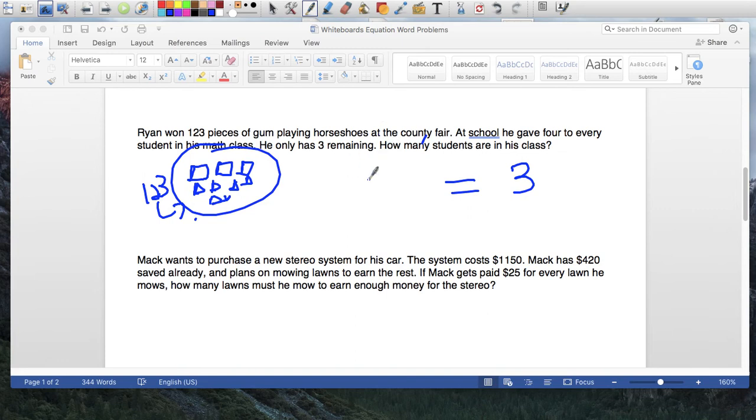So, hang on a second now, 123. How do you write an equation like this? Hang on a second. How many students are in this class? Oh, we can write, so every student, oh, sorry.